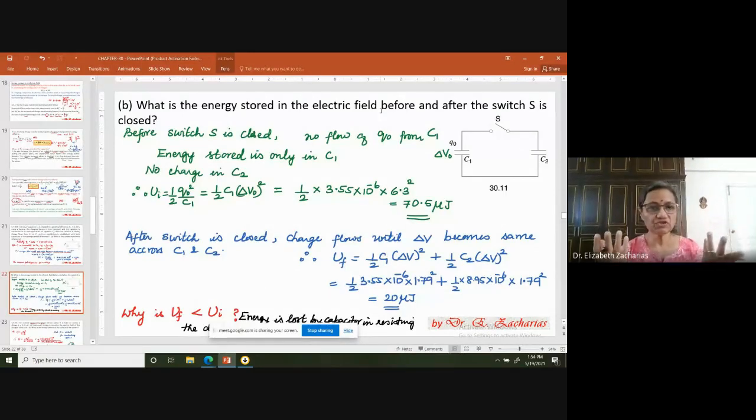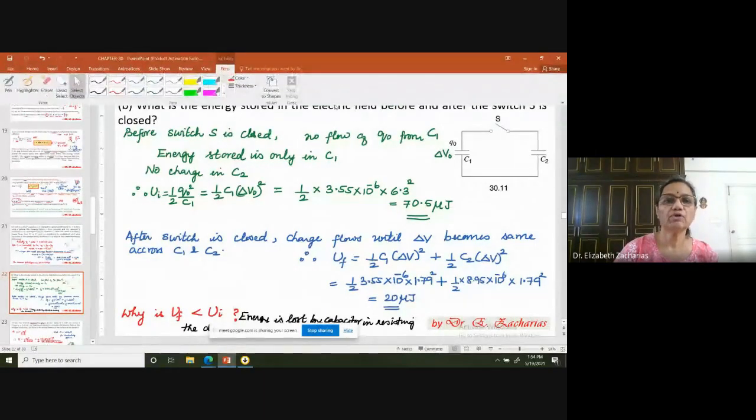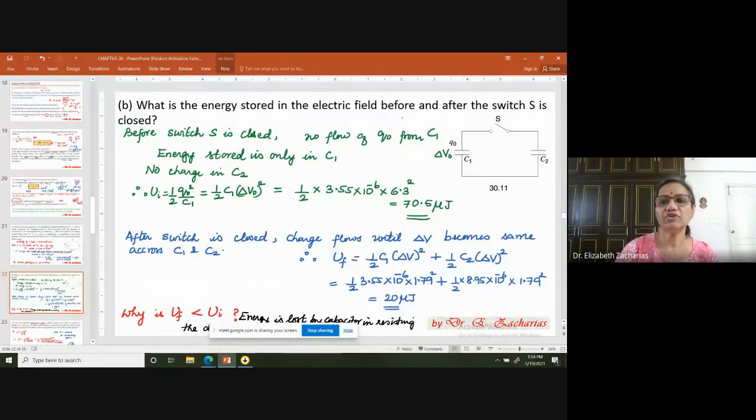Before the switch is closed, there is no closed path. Whatever charge was there on capacitor 1 remains. There is nothing very difficult there. No charge will flow out of the capacitor C1, so the initial charge is Q0, it remains Q0. And we know the potential difference is delta V0.